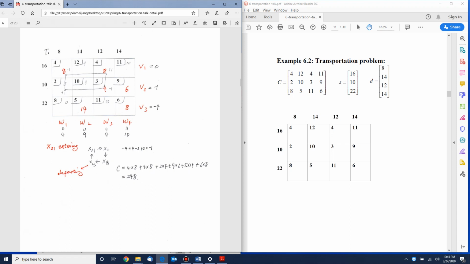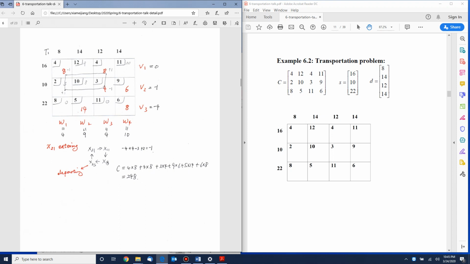Because they are the same, we can choose either of them. You could start with cell 11, or you can start with cell 13. Here I start with cell 11.